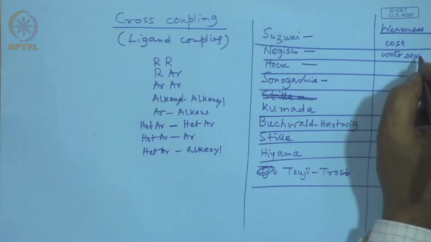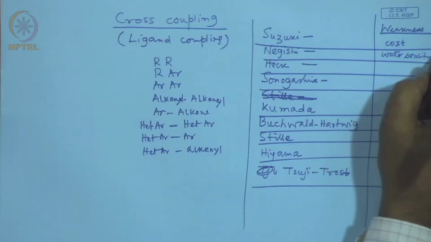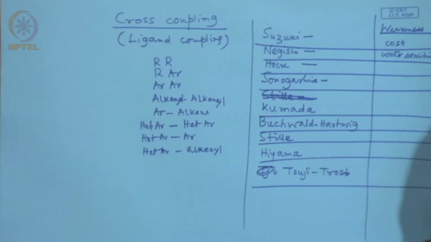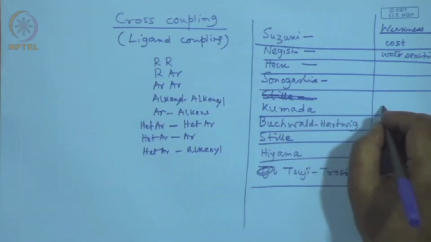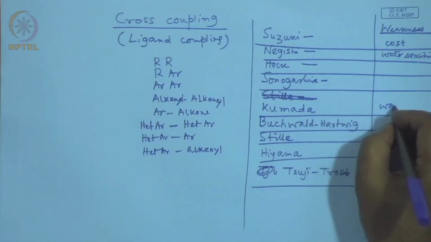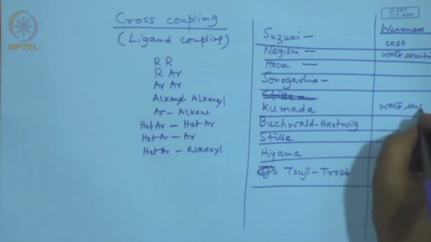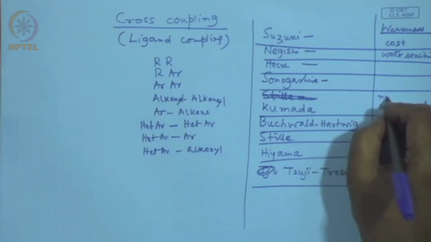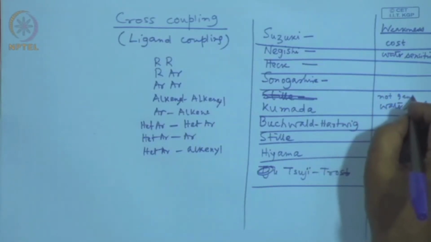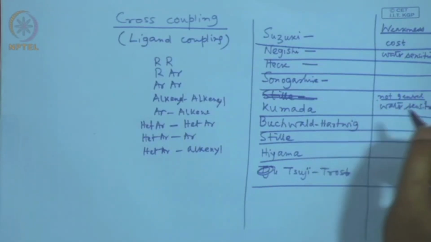Suzuki coupling can be carried out in water, but Negishi coupling cannot be, like organomagnesium compounds. Similarly, Kumada coupling, for example, is water sensitive and not that general. So, these are the things, okay.